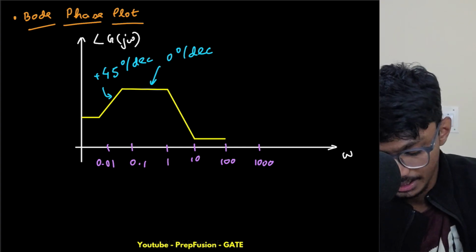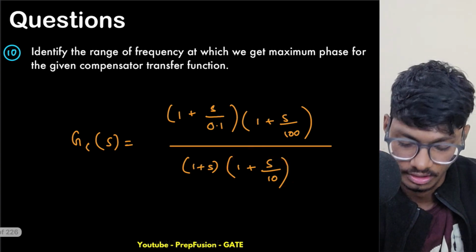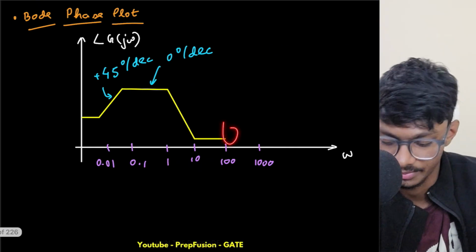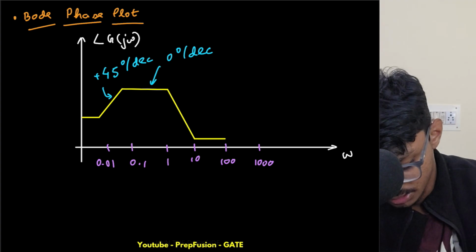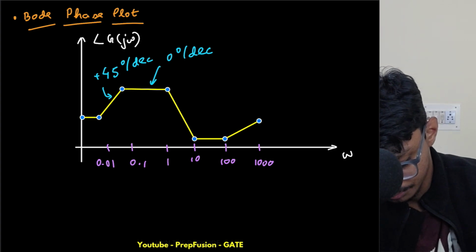Okay, so then at s equals to 100 the effect of this pole at s equals to minus 10 is also going away, hence only this zero is remaining. So obviously I will get a slope of plus 45 degree per decade. Okay, and then what will happen?